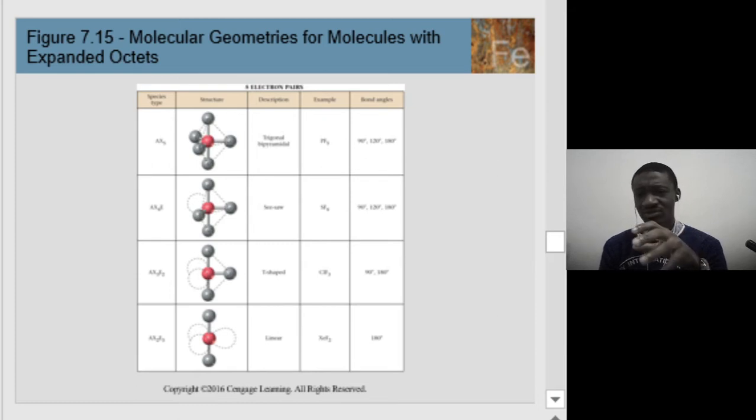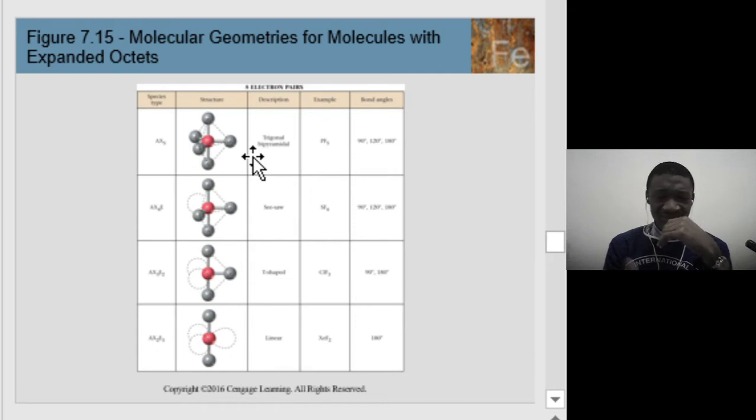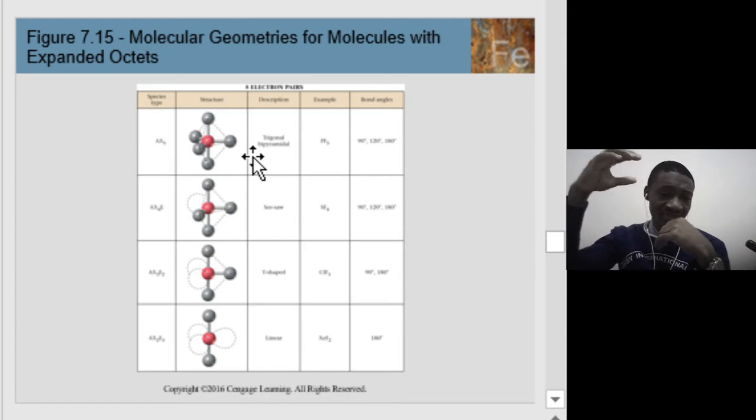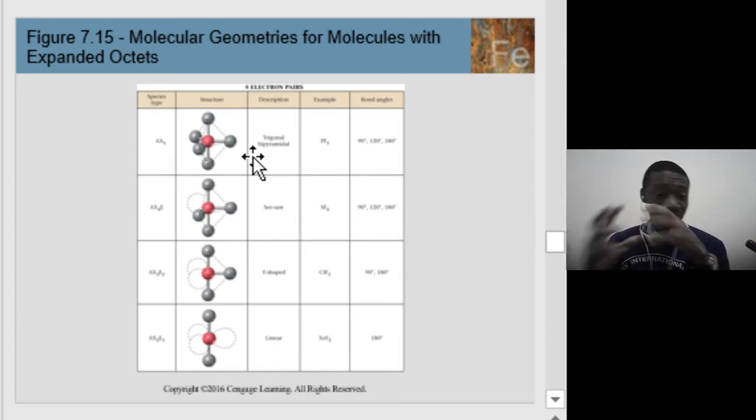So the molecular geometries of the expanded octet, as you can see on the slide, are now much more complicated and bigger. I don't think we'll focus on this. I'll just skip past it because I can barely see the shapes, but just notice that you're now dealing with complicated shapes and complex structures, which are good to understand.